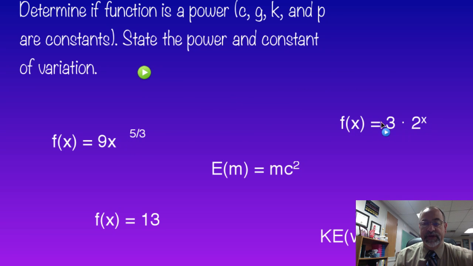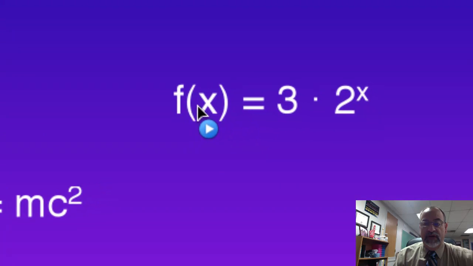Let's take a look over here. Is this a power function? F of x. Well, here x is in the position where the a is supposed to be in a power function. This is not a power function because x is the power, and in a power function the x is the base. The x is being raised to some power, or the variable is being raised to a power. The power is a constant.